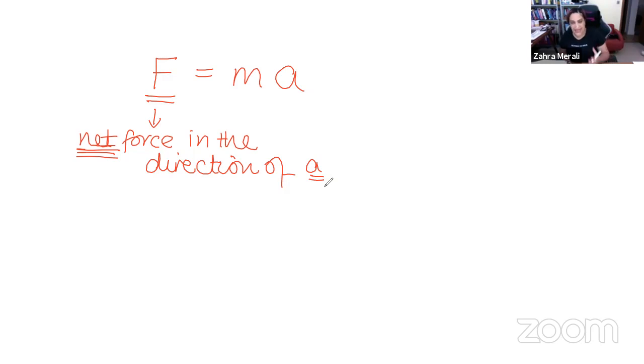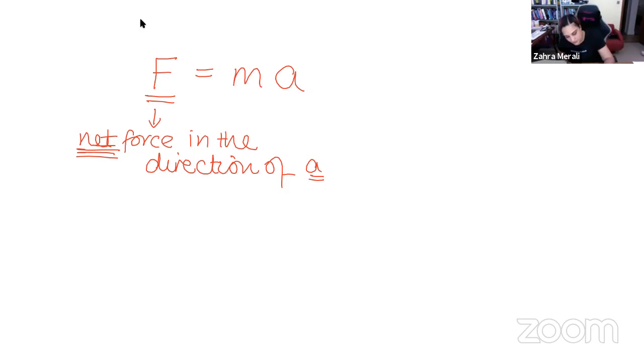So F and A have to be in the same direction. So that makes sense though, doesn't it? If you double the force, you'd expect the acceleration to double. If the object is twice the mass, you require twice the amount of force to make it go at the same rate. So this is a super important equation. You're going to come back to it again and again.